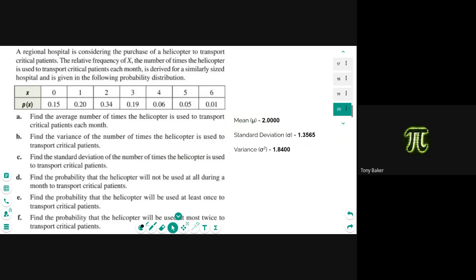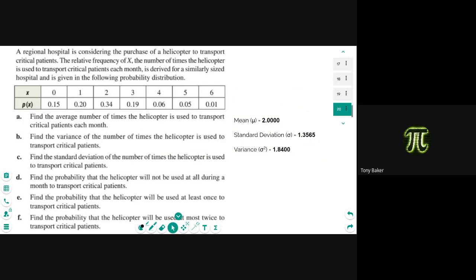So what's the probability that the helicopter will not be used at all during a month? 15%. What's the probability that the helicopter will be used at least once during the month? What is it? 5%. It says at least once.